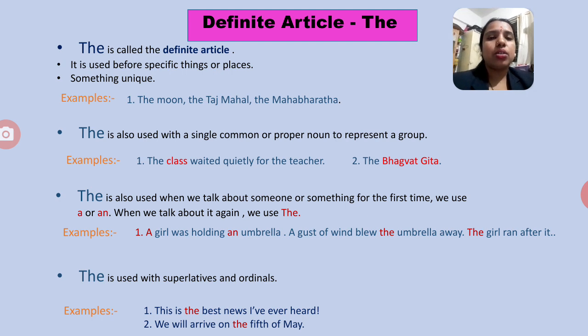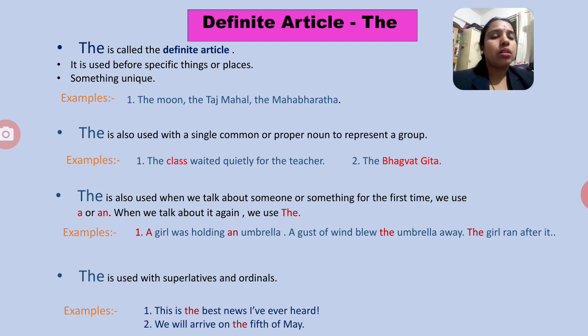The is also used with a singular common noun or proper noun to represent a group. For example, the class waited quietly for the teacher. Here I have used the because class represents a group. Now see another example, the Bhagavad Gita.